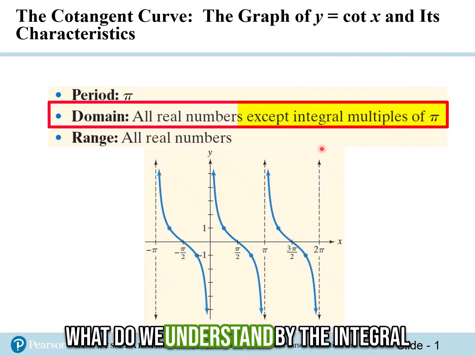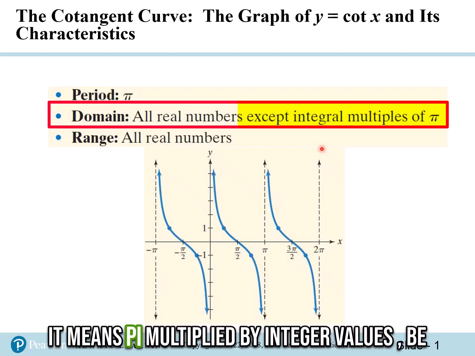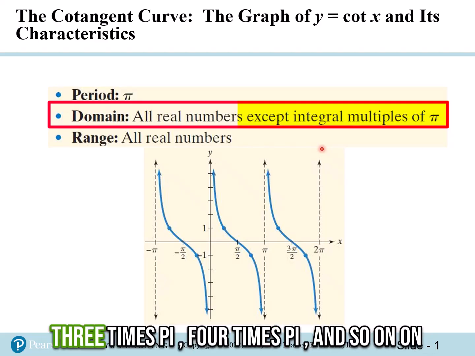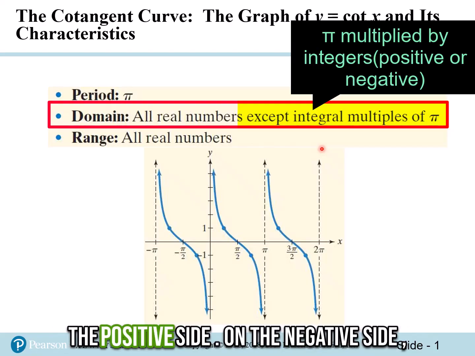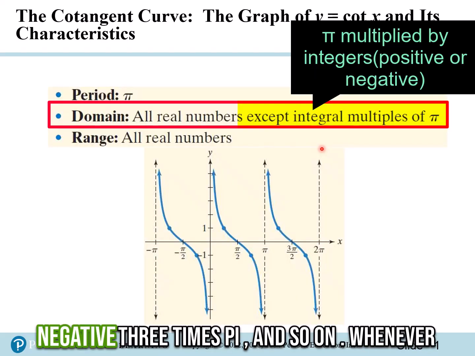What do we understand by the integral multiples? It means pi multiplied by integer values, be it positive or negative. So pi and then 2 pi, 3 times pi, 4 times pi, and so on the positive side. On the negative side, negative 1 times pi, negative 2 times pi, negative 3 times pi, and so on.